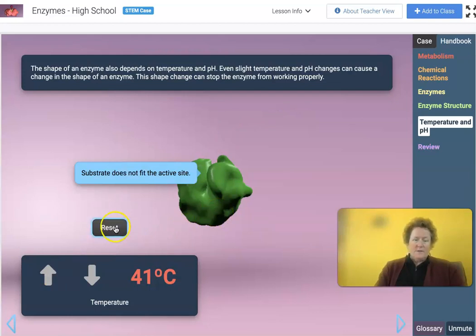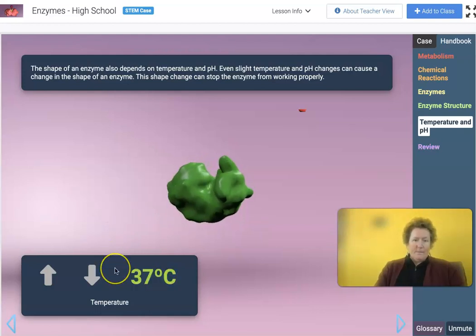The active site changes shape as well, and our substrate doesn't fit. 37 degrees is body temperature for humans, and that's where all human enzymes should be. They work best usually at that temperature.